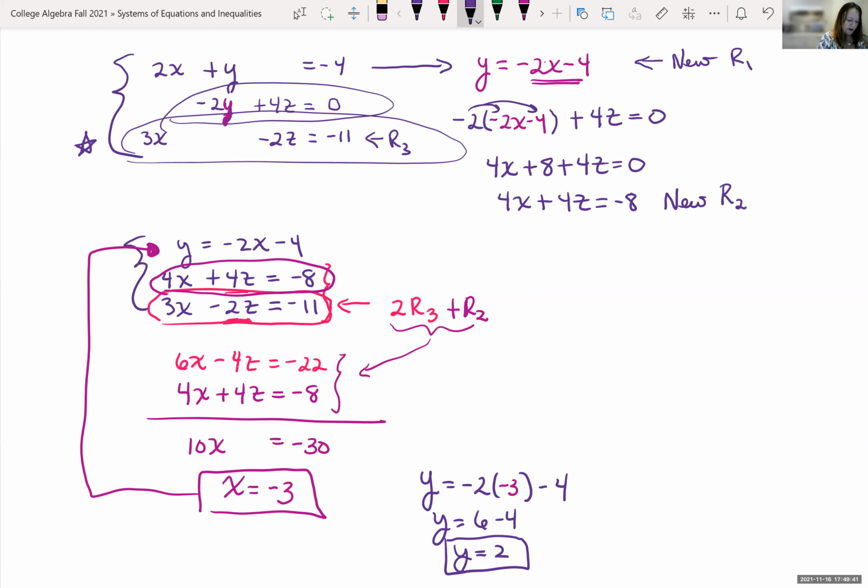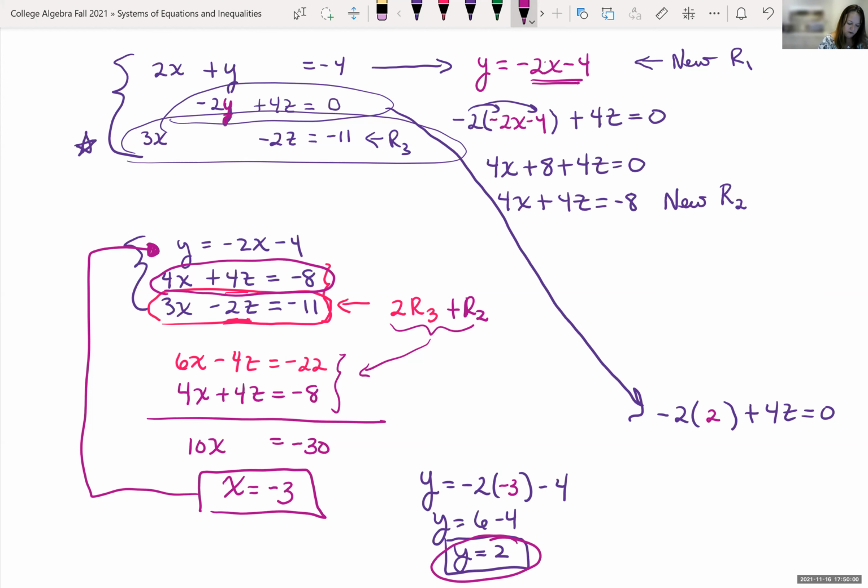Let's just use that second equation up here. And so -2(2), because I'm going to plug in what y is, plus 4z equals 0. So let's solve for z there. We get -4 + 4z = 0.